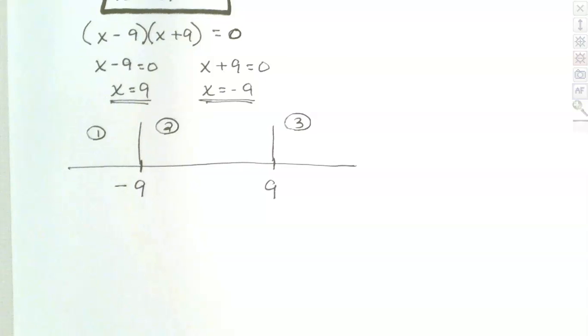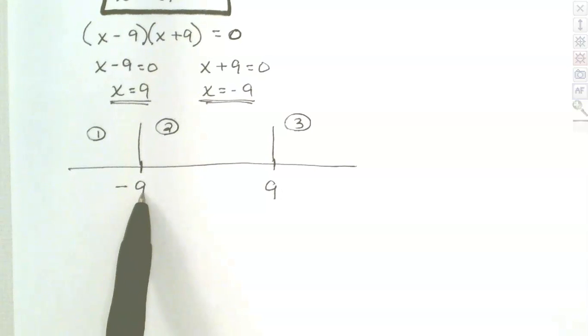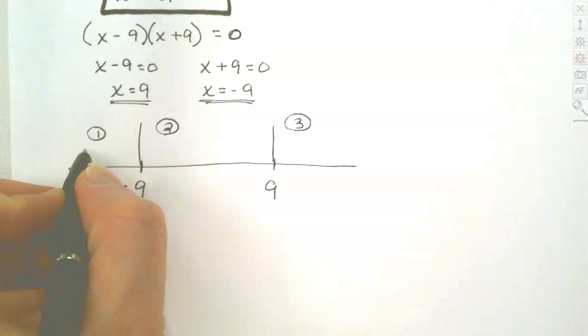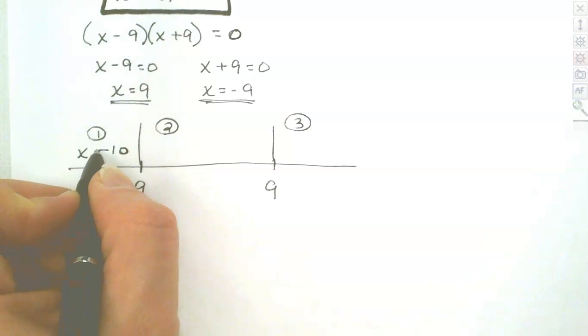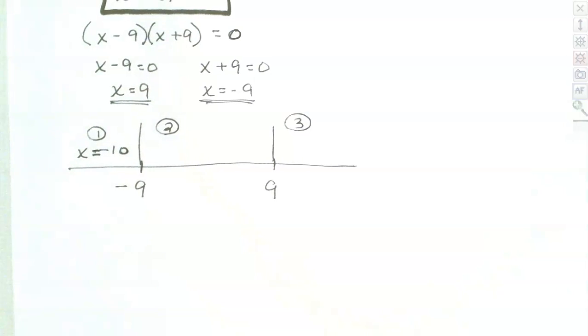We're going to check a number in each region and see if it's going to be true or false. The first region is for numbers less than negative 9. So we need a number smaller than negative 9. So we're going to check negative 10.